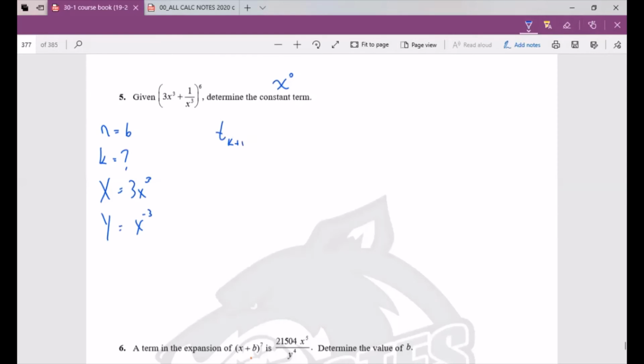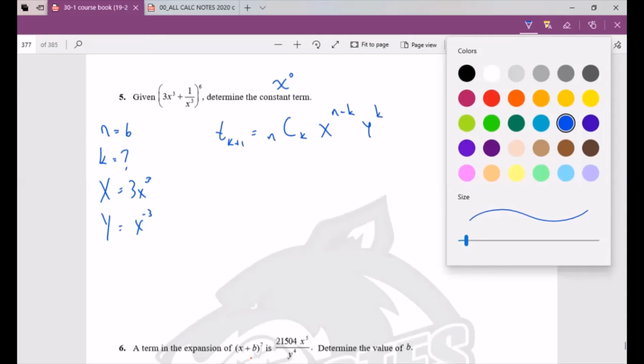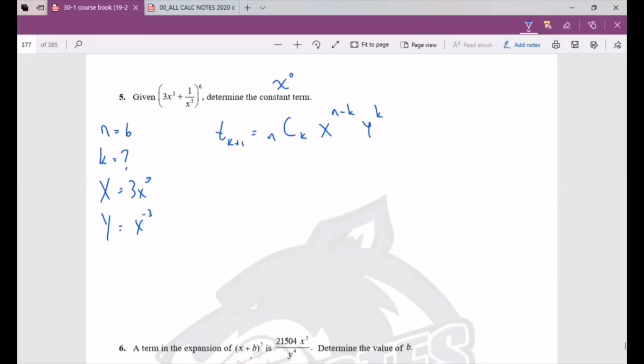So our formula is t k plus 1, nck, x to the n minus k, y to the k. Always keep in mind when you're writing that formula that x is really big X here, right? We don't know what k is yet, so let's still call this t k plus 1. We have 6ck. Big X is 3x cubed to the 6 minus k.